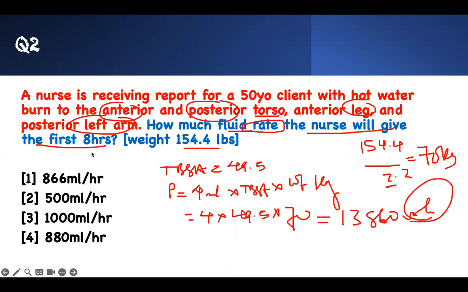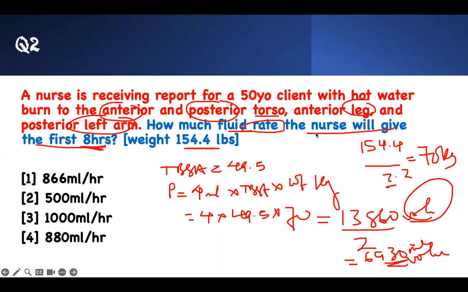But I told you, what you give in the first 8 hours, you divide this by 2. So this divided by 2 is 6,930. This is how much volume the client will need, 6,930 ml of fluid, right? That's how much the client will need.